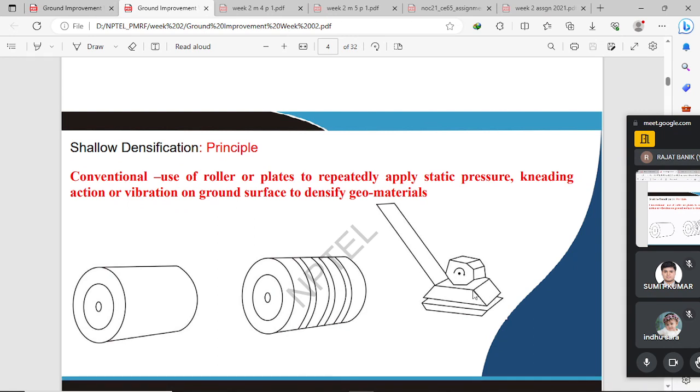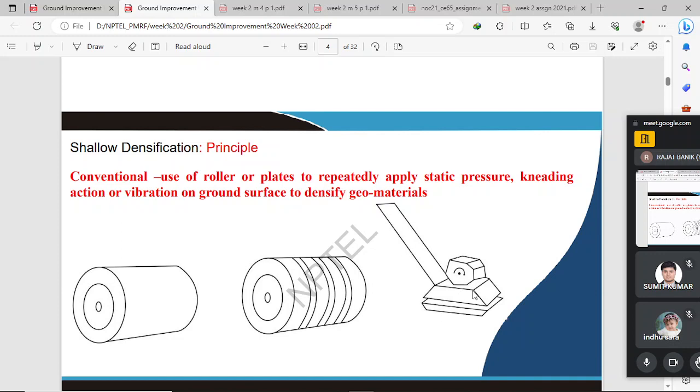The third picture is the vibratory plate. Vibration helps overcome the resistance between the soil particles, and the particles come closer with minimal mechanical energy.